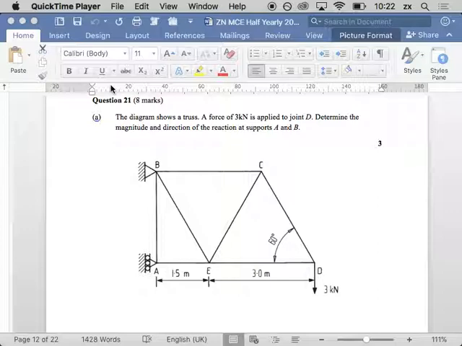Sorry about that. And what's the angle? So we've got opposite over adjacent, so it's going to be 3 over 5.08. That's equal to 30.56.